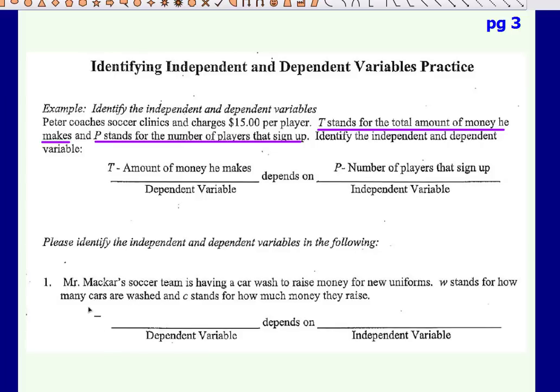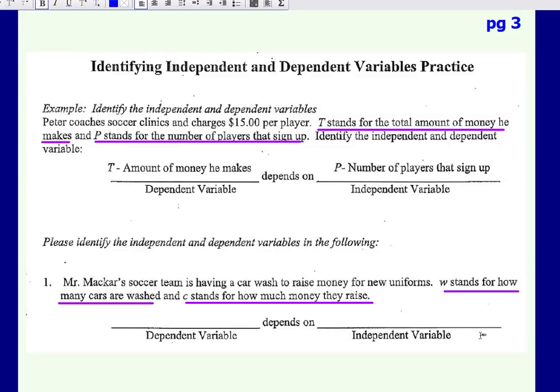Okay, let's do number 1. Mr. Macker's soccer team is having a car wash to raise money for new uniforms. W stands for how many cars are washed, and C stands for how much money they raise. So we need to think about what can freely change. Can we freely change the amount of money they raise, or can we freely change how many cars they wash? Well, hopefully you said we can freely change how many cars. They could wash 2 cars, they could wash 10 cars, they could wash 50 cars.